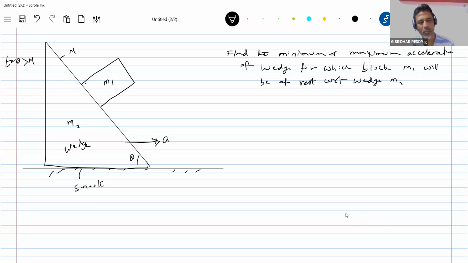So try to work out this problem in the wedge frame for the block. Describe the motion of the block with respect to the wedge frame. What is the basic idea? What will be the range of acceleration for which the block will be at rest with respect to the wedge? It is telling minimum and maximum. Remember we discussed yesterday the minimum and maximum force acting on the block for which the block will be at rest on an inclined plane.